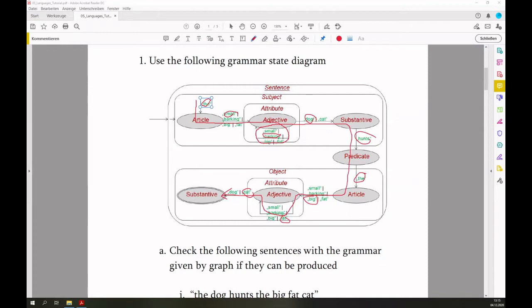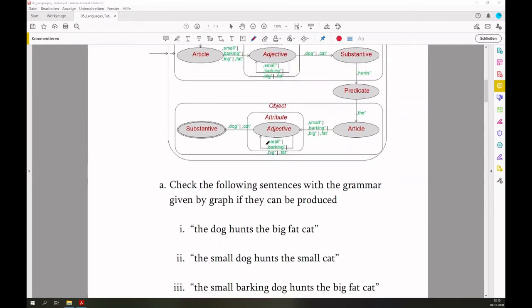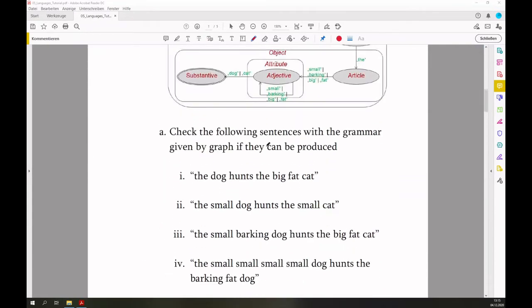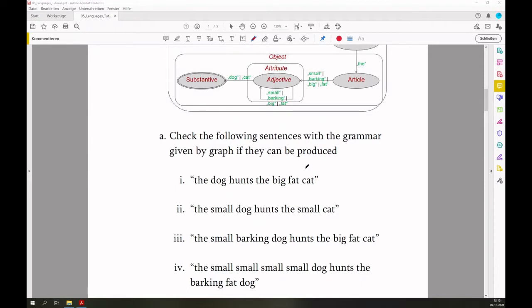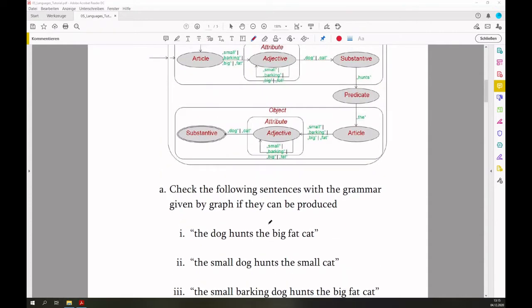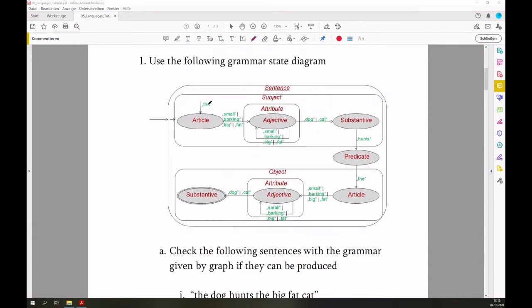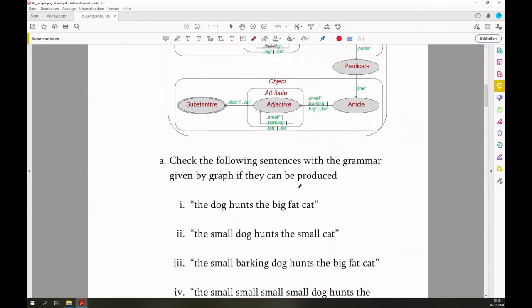Let's do the last sentence. The last sentence is: the small dog hunts the barking fat dog. So let's check.